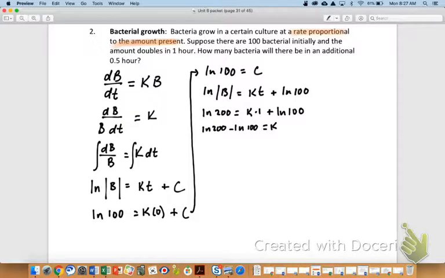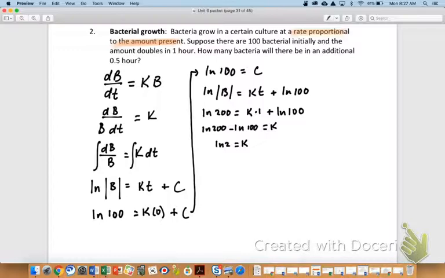This would be where, if you know your log properties, this would look really simple. Does anybody know what ln of 200 minus ln of 100 is? ln of 2. It's ln of 2, isn't it? Right? Natural log of 200 over 100. So we could just say natural log of 2 is equal to the k value. Gosh, that would make this one so much simpler. Those log properties do help.